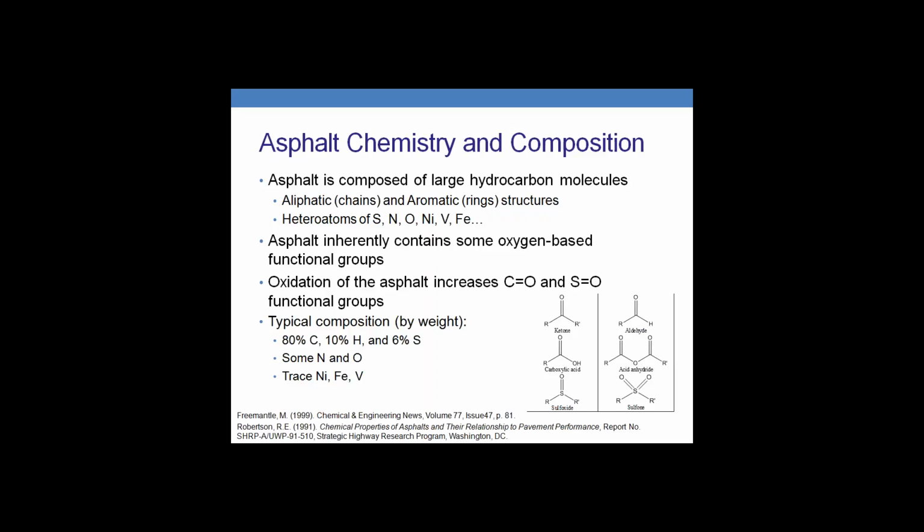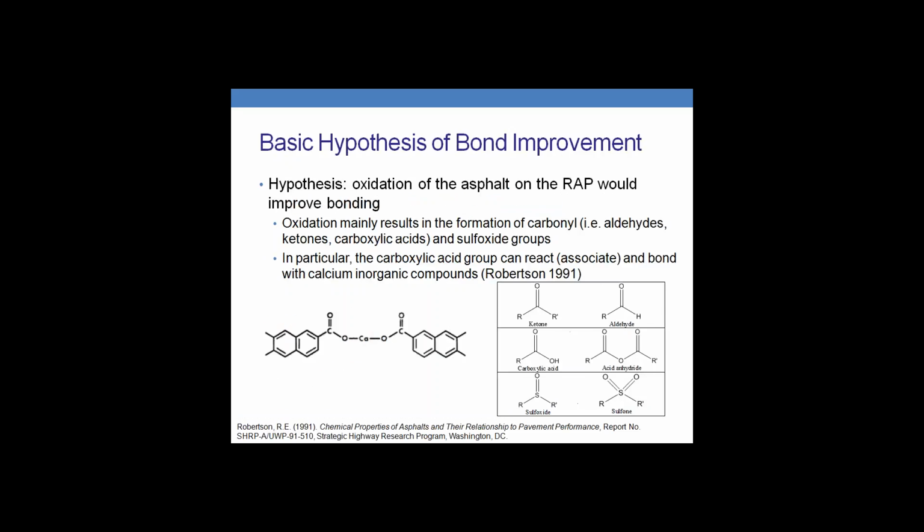Everyone probably knows it's just large hydrocarbon molecules. They contain carbonyl and sulfoxide groups, as in carbon-oxygen bonds and sulfur-oxygen bonds. And we know that oxidizing them will further increase those carbonyl and sulfoxide groups, in particular carboxylic acid groups with severe oxidation.